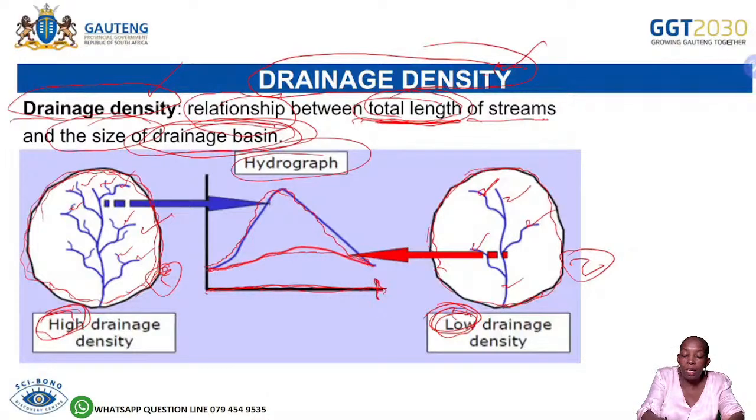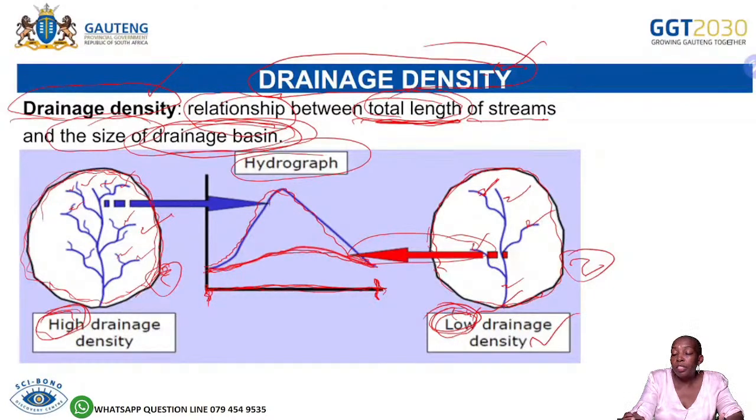When we look at the area from here to there, it is the same size of drainage basin. However, the total length of the streams within it is far less, and there are few streams that we can identify. So it makes this a low drainage density area.